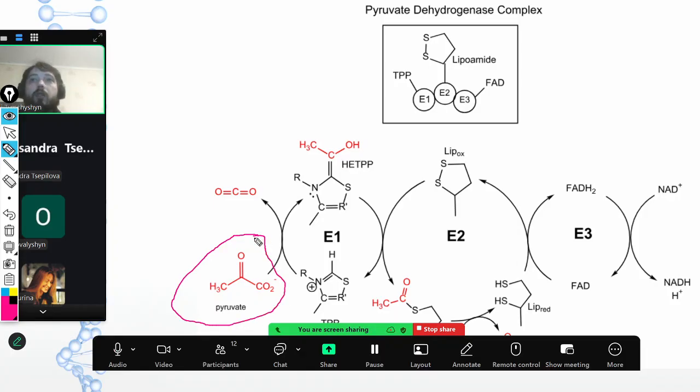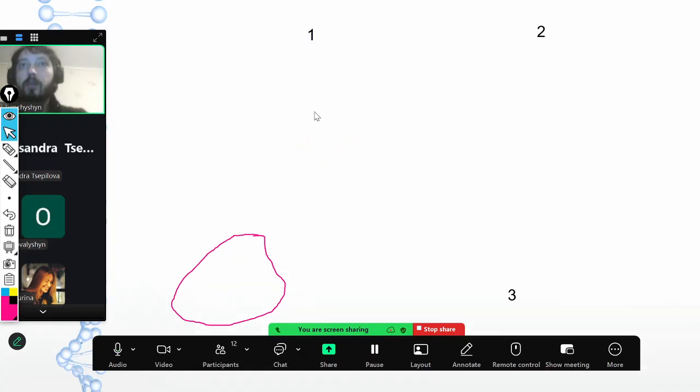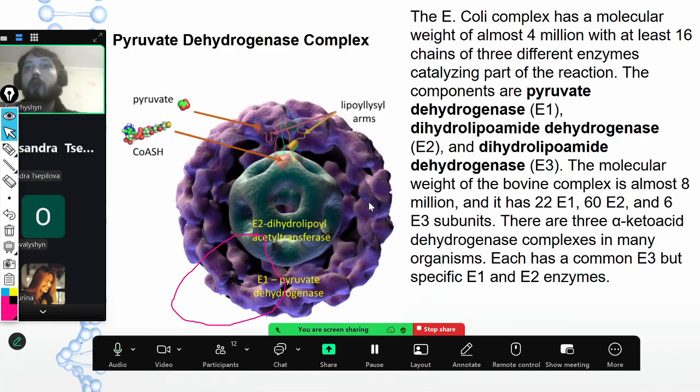Now we want to transform this pyruvate into acetyl-CoA. That acetyl-CoA will be used later in the Krebs cycle. This nice-looking pyruvate dehydrogenase complex, or PDC, let me show you once again how nicely that looks.